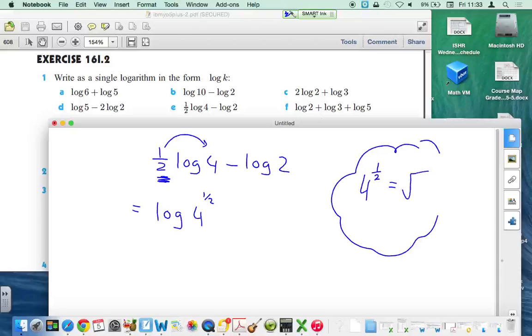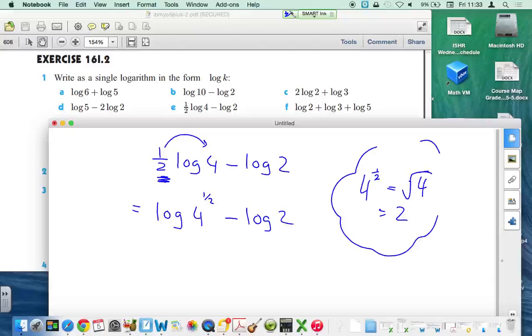It's the square root. So 4 to the power half means the square root of 4, which is 2. Now, obviously, we don't normally write that 2 above there, but you can get things like cube roots. We've done all sorts of roots in the last few weeks. So that's basically what 4 to the power half means.